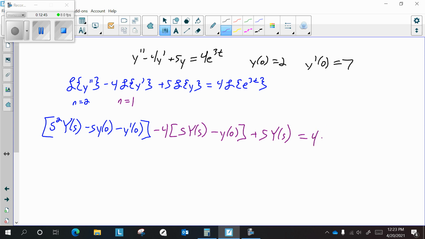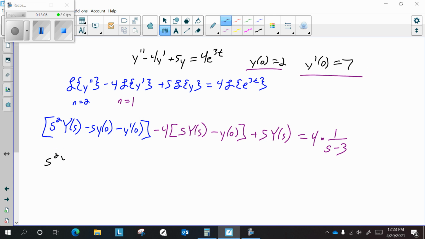Now on the right side, 4 is a coefficient, and when we transform e to the 3t, that's 1 over s minus a, so s minus 3. Or we could call that 4 over s minus 3. All right, let's substitute in our initial values.